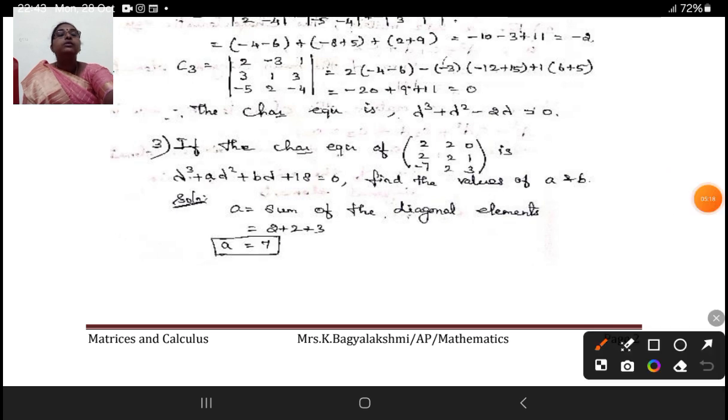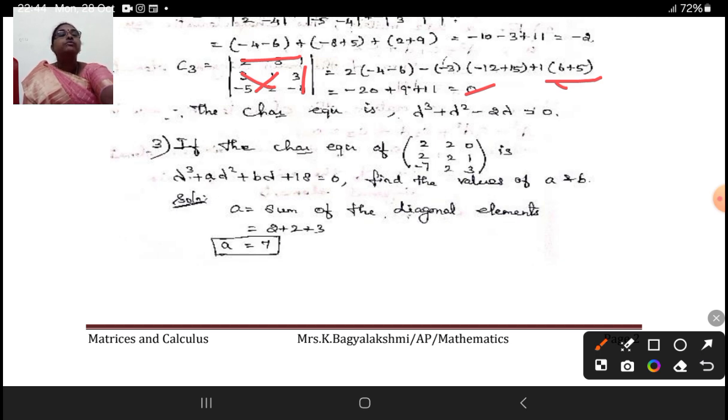For that 1, omit these values and write these alone. First cross minus next cross, you get the answer as 6 plus 5. So the result of this is equal to 0. So the constant term becomes 0.